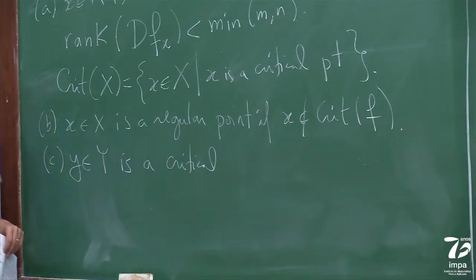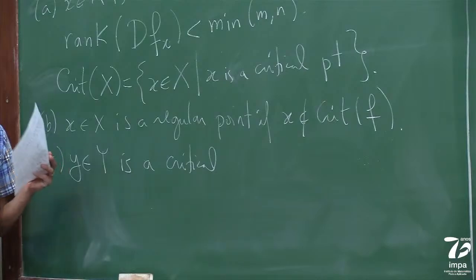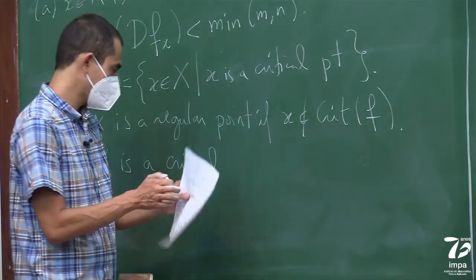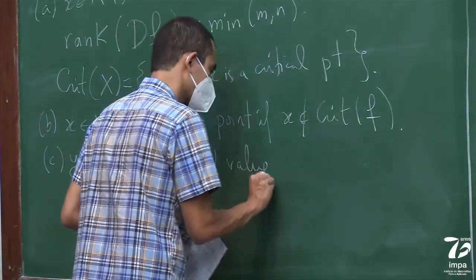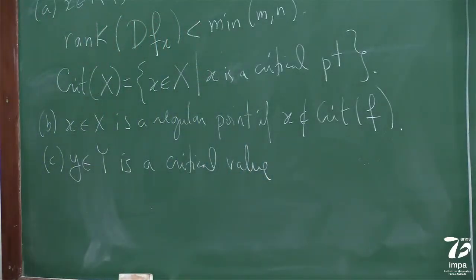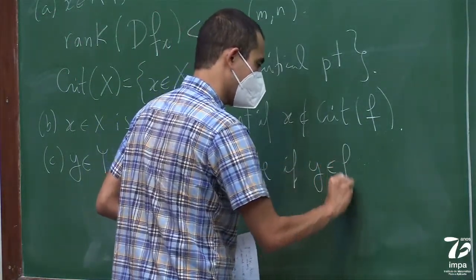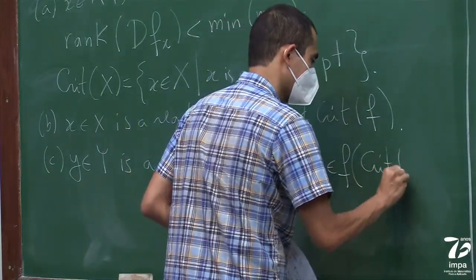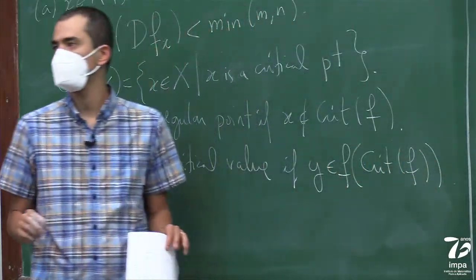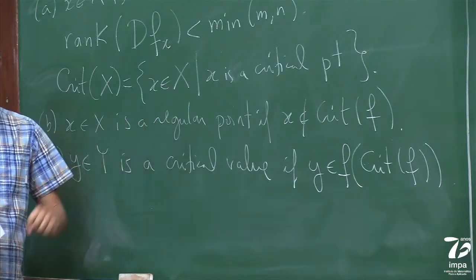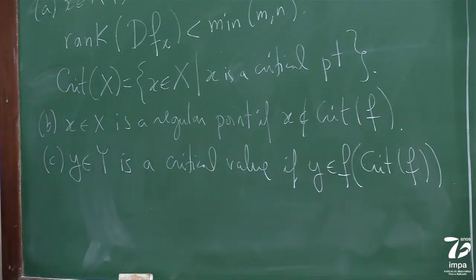This is just in case it comes up at some point, but it's not something that is talked about very much. But a critical value is the image of a critical point. So y is a critical value if y is in the image of the set of critical points. Okay? And here, it's a little funny because you could have a critical value be the image of a regular point. It's possible, if it's the image also of a critical point.